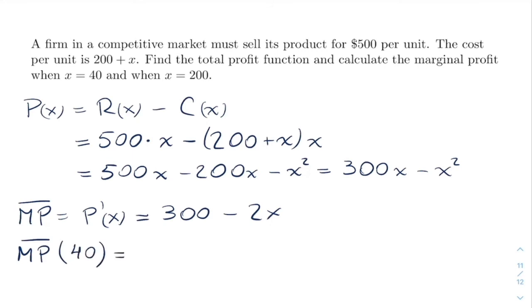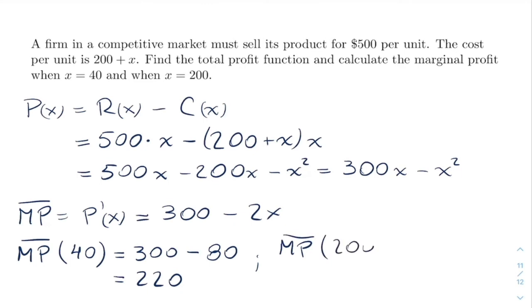So this will be equal to 300 minus 80, which is equal to 220. And we can find the marginal profit when X is equal to 200, which is equal to 300 minus 400, which is equal to negative 100. So let's stop here and try to find what is happening in this case.